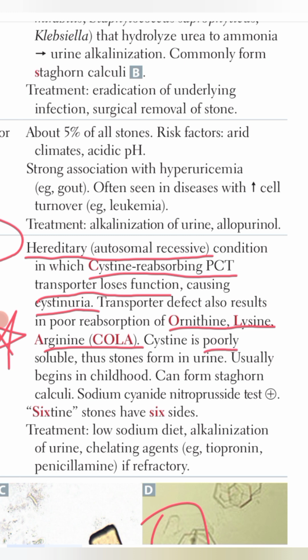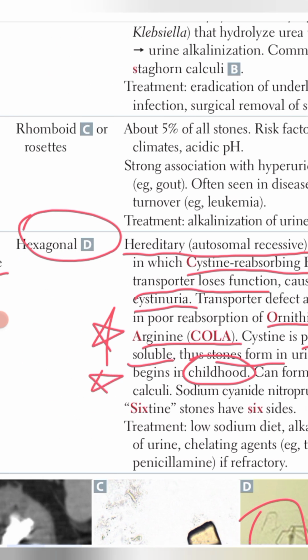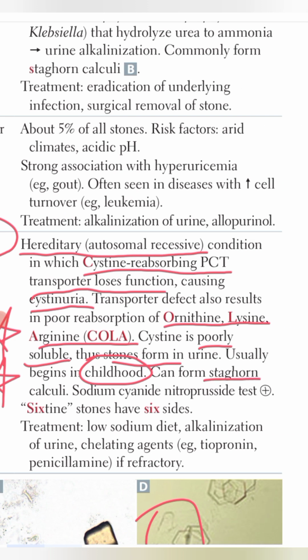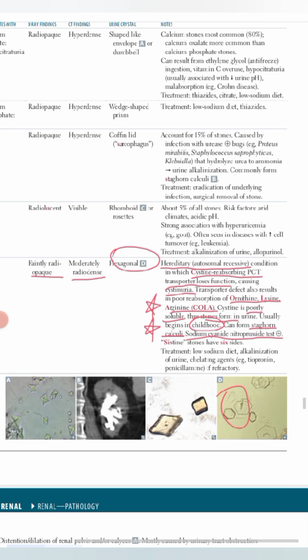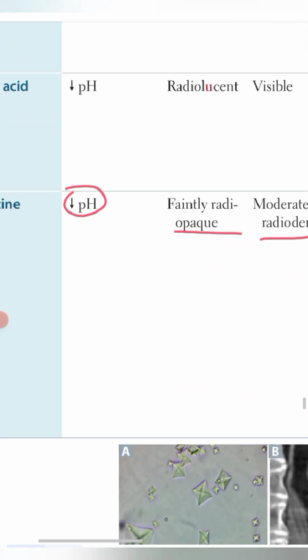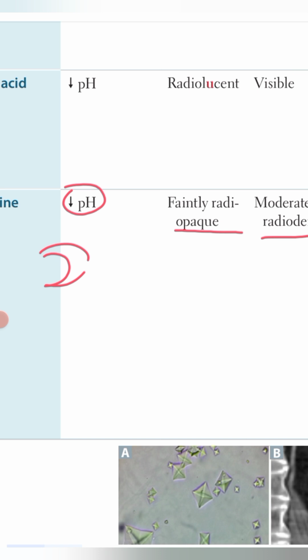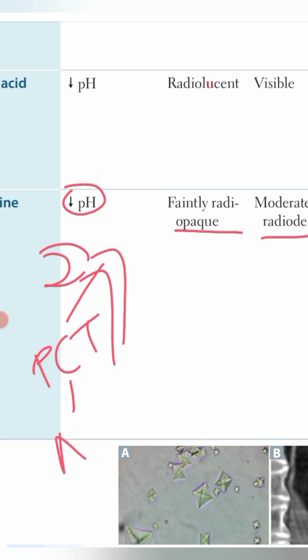So cysteine is poorly soluble and the stones form in the urine. And its important feature is that it typically begins in childhood. It can also form staghorn calculi, and we can confirm the presence of the crystals by doing sodium cyanide nitroprusside test. What happens is that we know that after the Bowman's capsule there is proximal convoluted tubules in which the amino acids are reabsorbed.